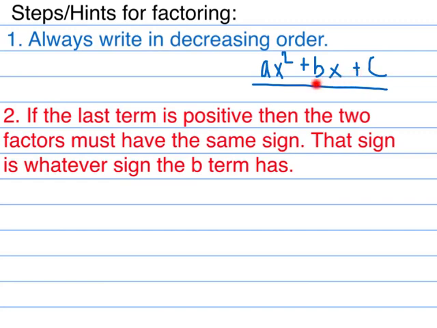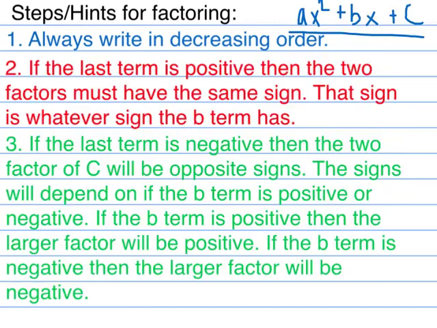So the sign that the two factors will have will be based off of whatever the b term is. So if b was positive, then these both would be positive. If b was negative, then these factors will both have a negative sign.